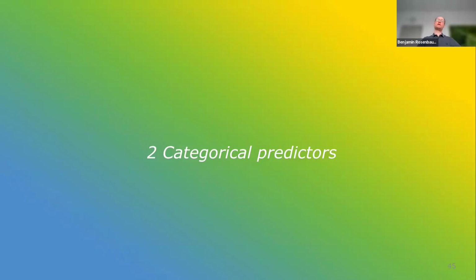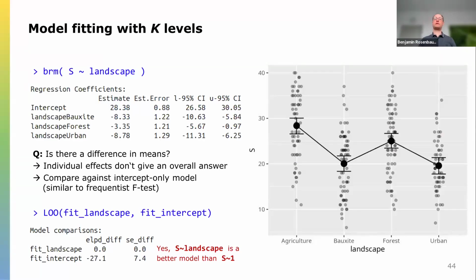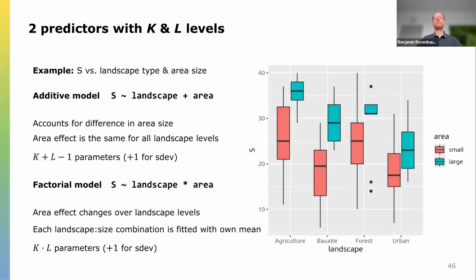We have different choices of modeling if we have 2 predictors. If you have just one predictor, we can just include the predictor or leave it out, right? So there's not much of a choice there. But if we have 2 predictors, there are different model choices. So think of, okay, we have again the same data set, but now we also want to correct for area size.